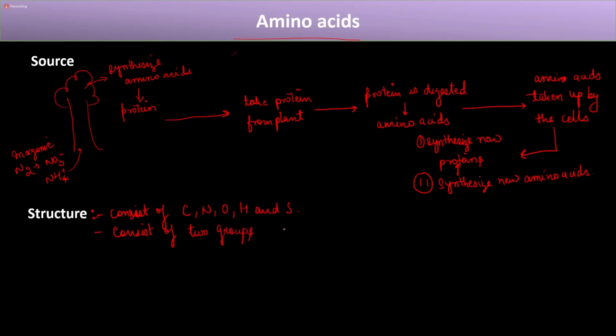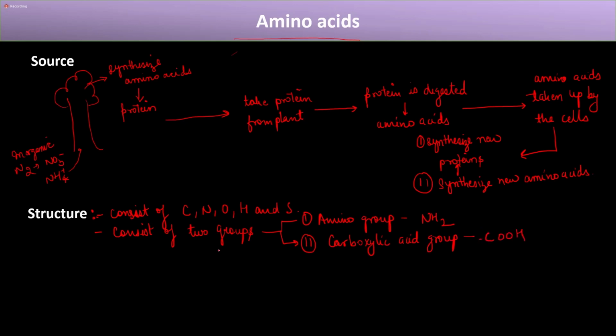And what are these two groups? The first one is the amino group, and the amino group is NH2. The second is acid, right? So it consists of a carboxylic acid group, and that is written as COOH.